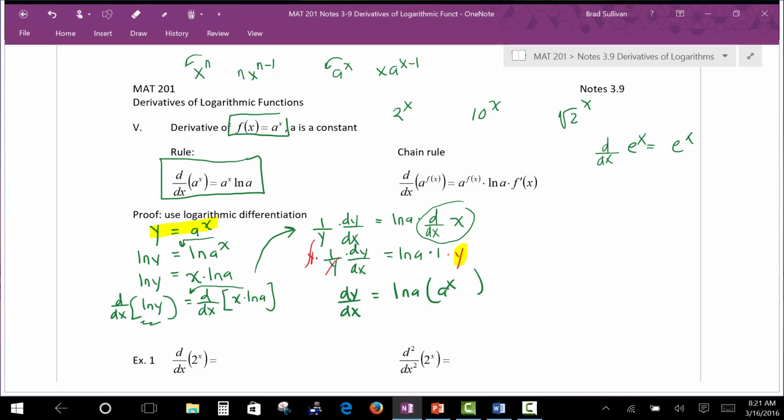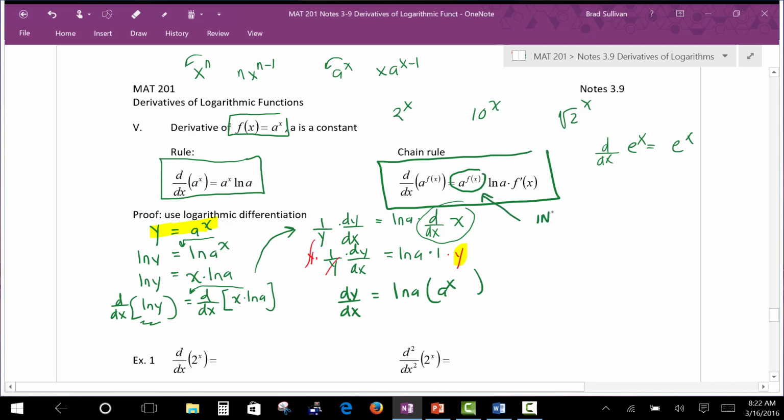That's it. Okay, so logarithmic differentiation comes in handy for all kinds of things. A lot of times when we get these different techniques, it leads to other discoveries and stuff. So we use that to prove other things then. Right? So if we have a chain rule, all the chain rule's ever saying is instead of having a to the x, you have a to something that's a function. Just think of that as when you do the derivative of a to the f of x, where a is a constant, first of all, it's itself.